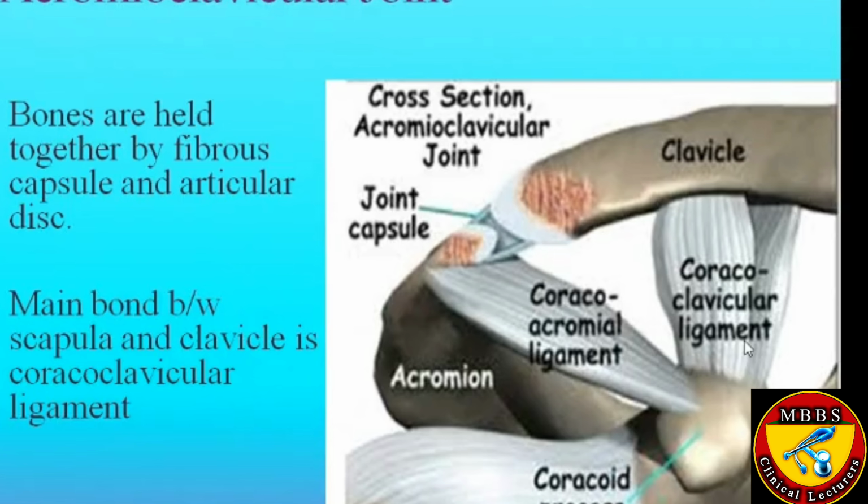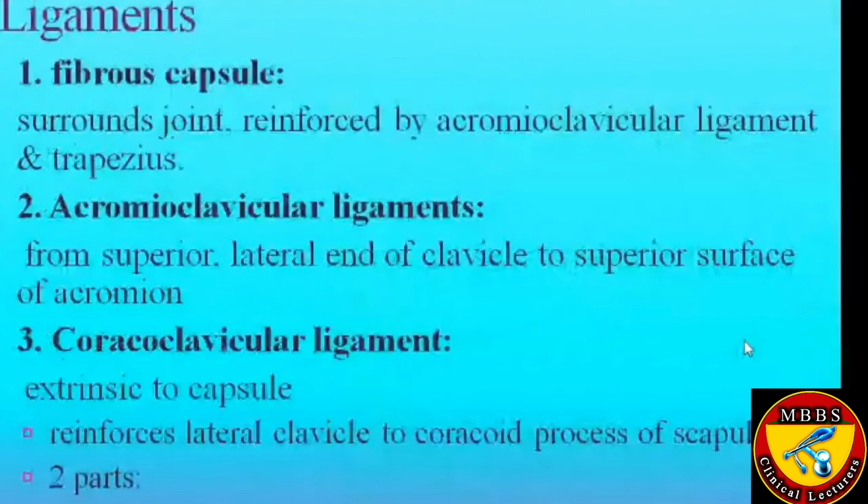Now, coming to the ligaments of the acromioclavicular joint, the first thing we have seen is the fibrous capsule. It surrounds the joint as the joint capsule, and it is also reinforced by the acromioclavicular ligament plus a muscle, the trapezius muscle. The acromioclavicular ligament reinforces the fibrous capsule. It runs from the superior lateral end of the clavicle to the superior surface of the acromion.